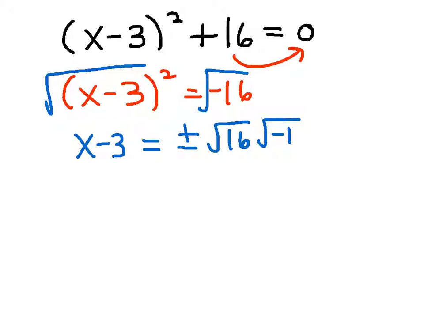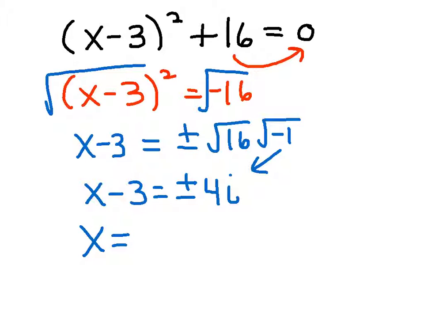The square root of 16 we know is a 4, so plus minus 4, but the square root of negative 1 is an i. Bringing down the rest of my problem, now I take that 3 and bring it over to the other side. So x equals 3 plus minus 4i.